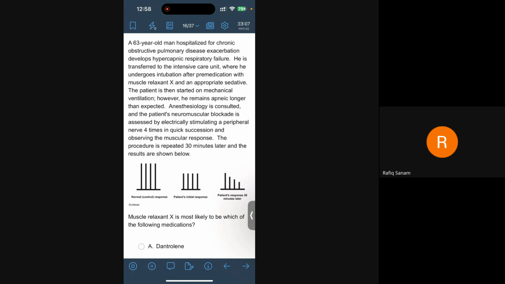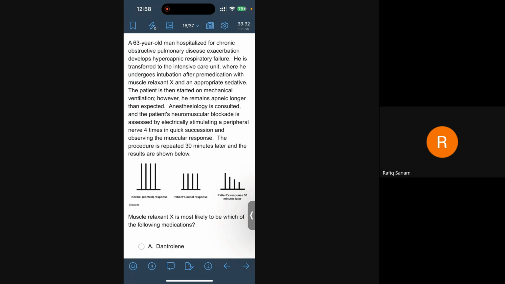In contrast, when a depolarizing blocker is used, it initially functions by preventing the repolarization and shows an equal reduction of all 4 twitches. After some time you are going to see a fading response.